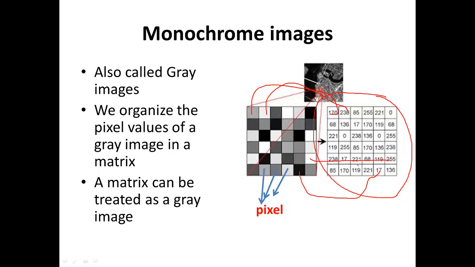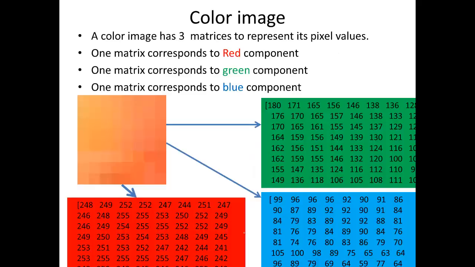Okay? That's for the monochrome image. One monochrome image corresponding to one matrix. So sometimes we call the monochrome image also the gray image. For color image, in fact, we talked the last time, we have three matrices corresponding to a color image.